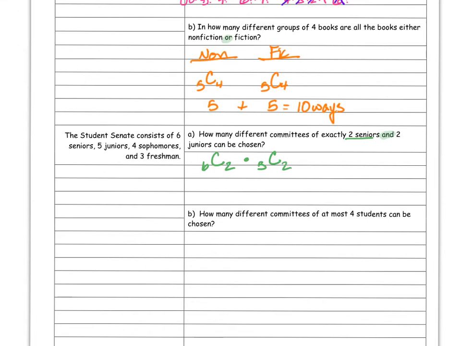So I'm going to put it in my calculator. 6 choose 2 is 15. And 5 choose 2 is 10. And so that is 150 different committees, or different ways to make a committee, okay?